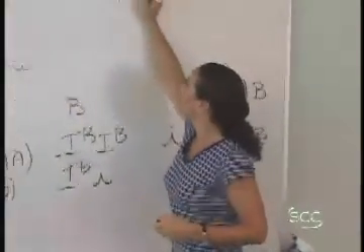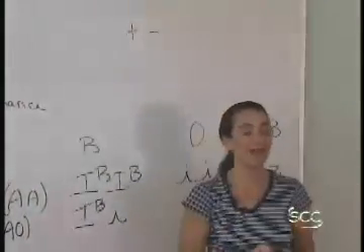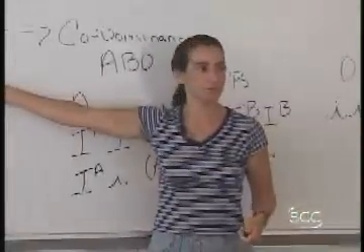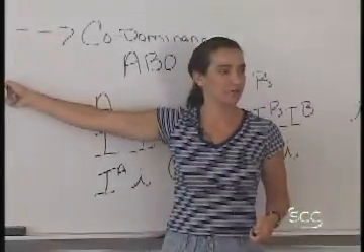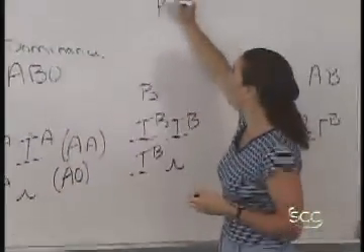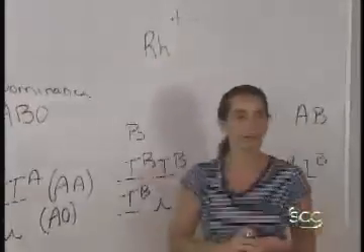Well, that positive or negative factor associated with our blood typing, that's complete dominance. Positive is dominant to negative. It's found on another protein, what we call the RH factor. Okay?